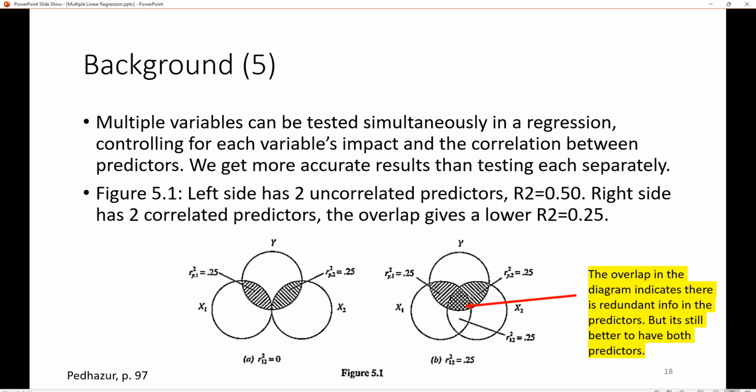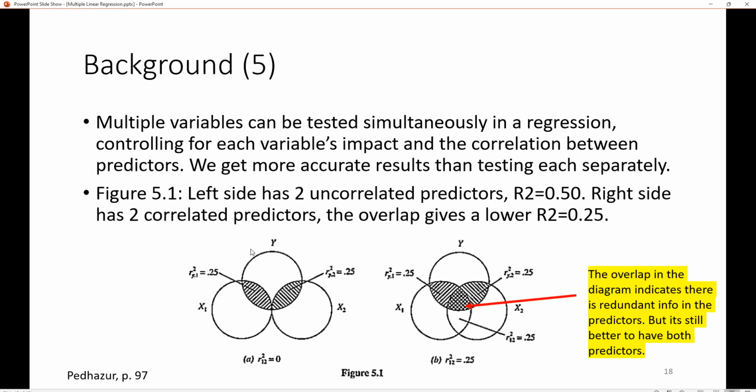And then sometimes our predictors are correlated. Multiple variables can be tested simultaneously in a regression, controlling for each variable's impact and the correlation between predictors. We get more accurate results when testing each separately. Figure 5.1, on the left side we see that we have two uncorrelated predictors, and these are the two circles on the bottom.